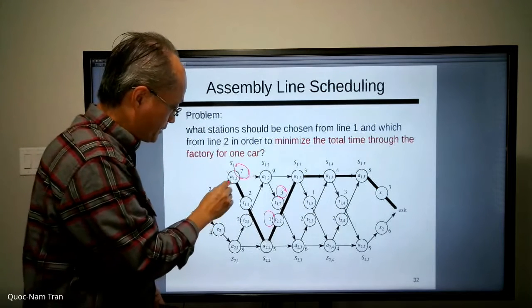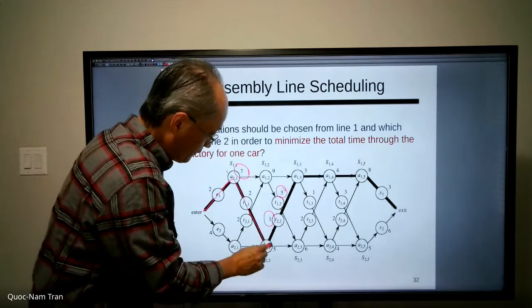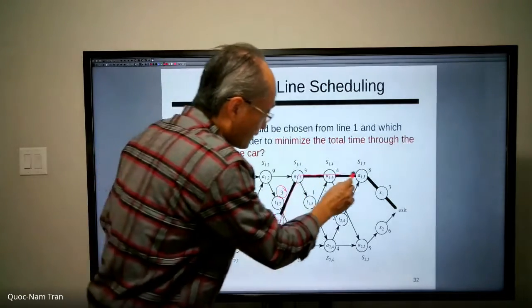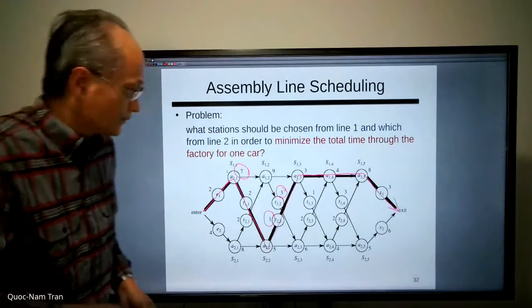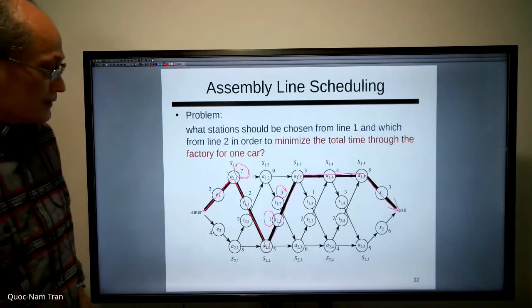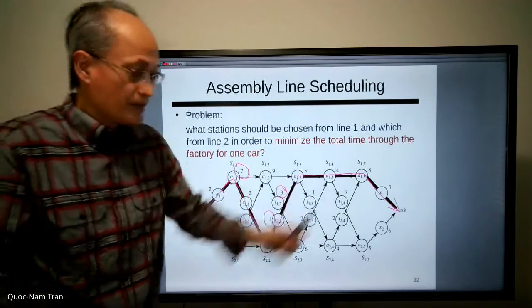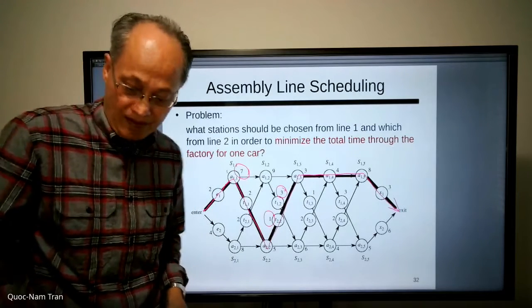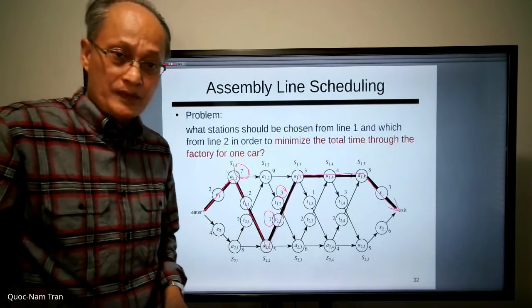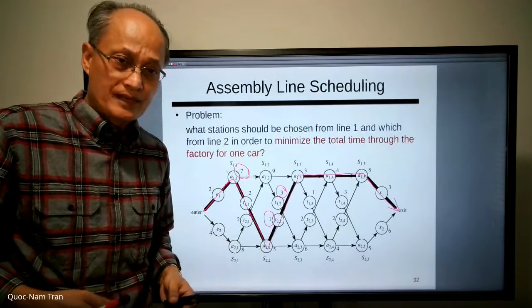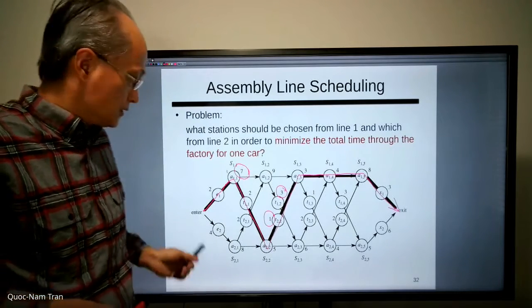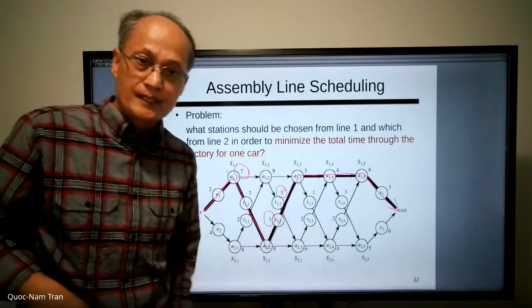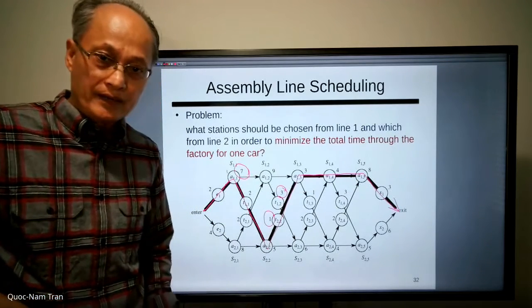So now the question is, how can we find this shortest time? Okay, here is one example. Now, how can we design an algorithm that will help the car producers to find out the best way to work on a new car?